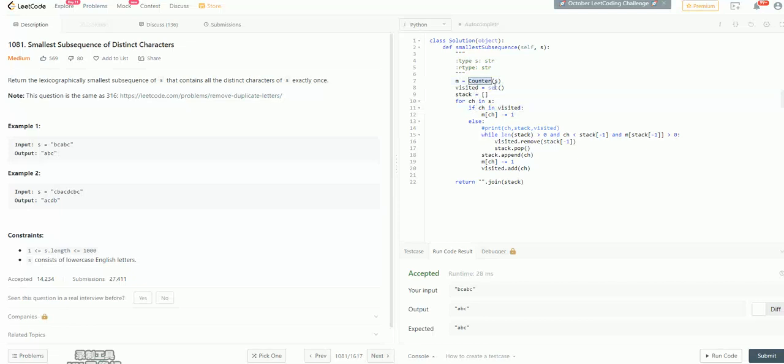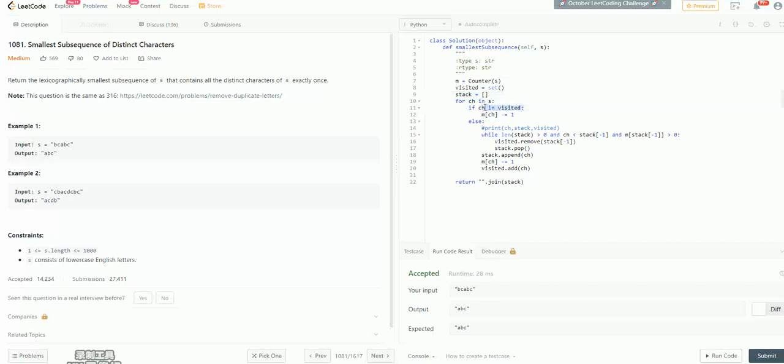We count every character in this string, and we have a visited set and a stack. So this is our monotonic stack. For each letter, we first check whether it's in the visited set.